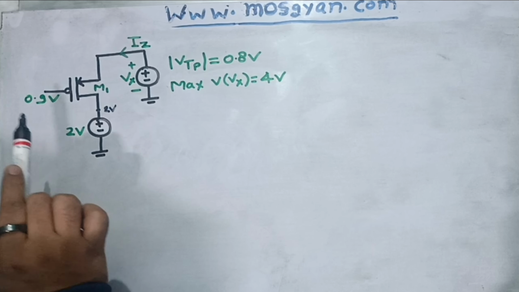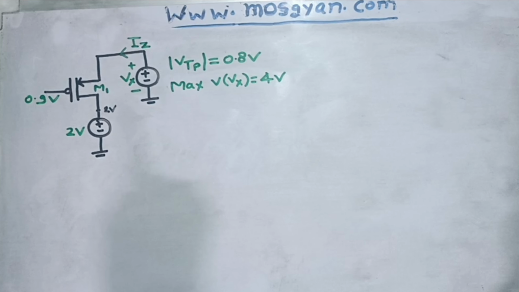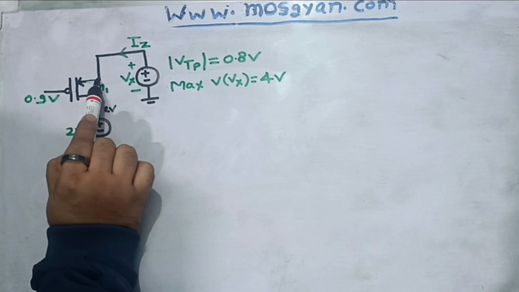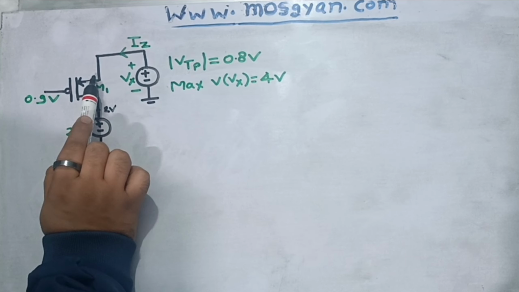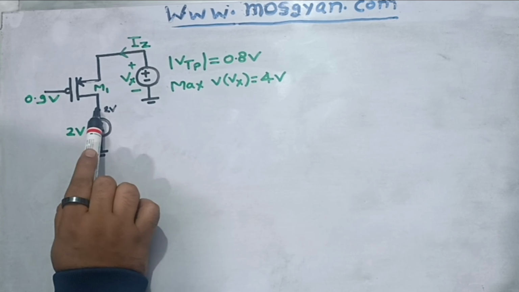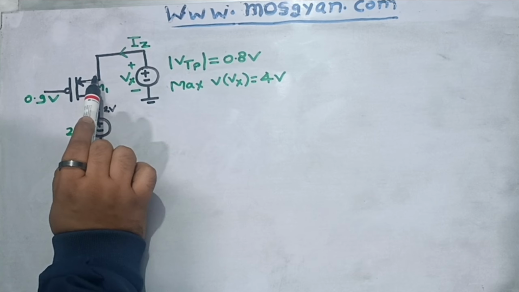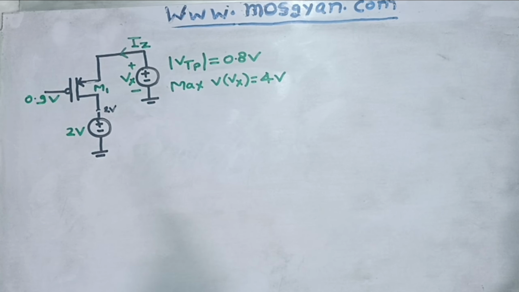In a PMOS, the maximum potential is tied to the source. So if this node always sits at the highest potential, it will be considered the source. If it becomes lower than the other potential, this drain will become the source and this will become the drain. Similarly, in NMOS, the lowest potential is considered the source. This is an important concept which will be used in this question. So let's start solving it.